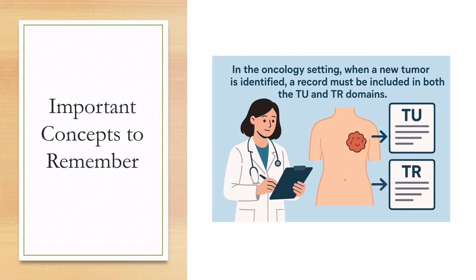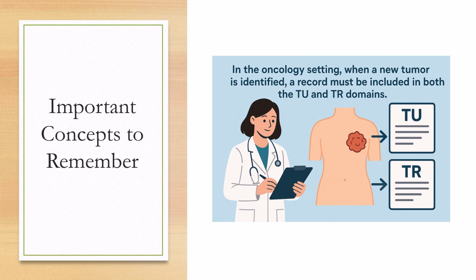In oncology settings, when a new tumor is identified, a record must be included in both the TU and TR domains. However, the TU record may contain different levels of detail depending upon the data collection methods employed. For example, the first scenario is when the occurrence of a new tumor or lesion is the sole information being captured.